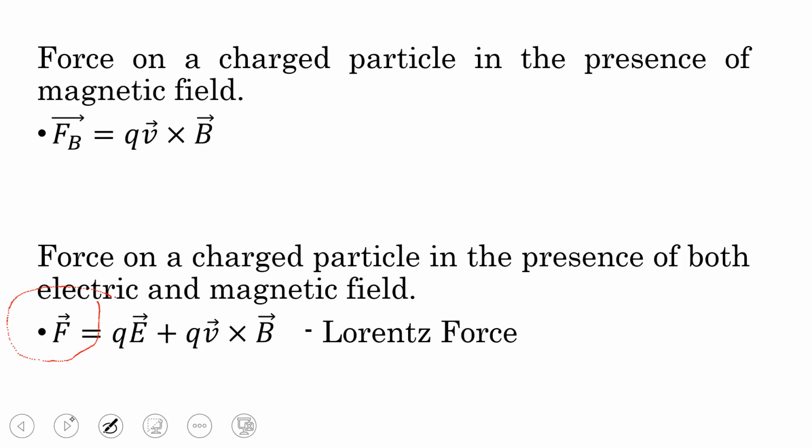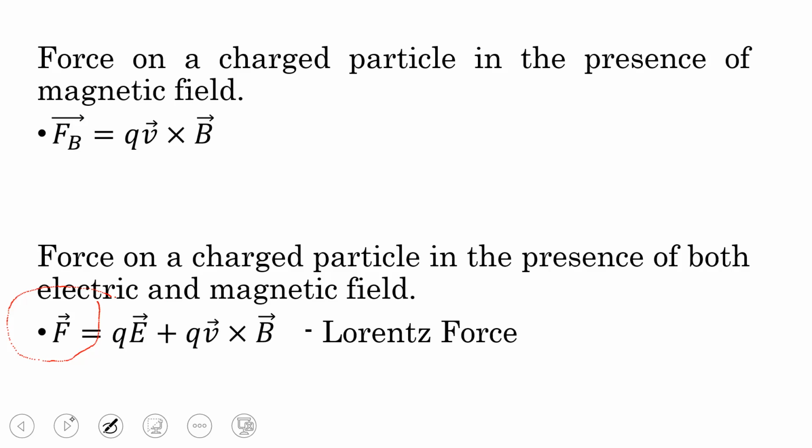So the force on a charged particle in the presence of a magnetic field, we've seen this before. But when a charged particle is moving in the presence of both an electric field and a magnetic field, it will experience electric force because it's an electric charge in the presence of an electric field.